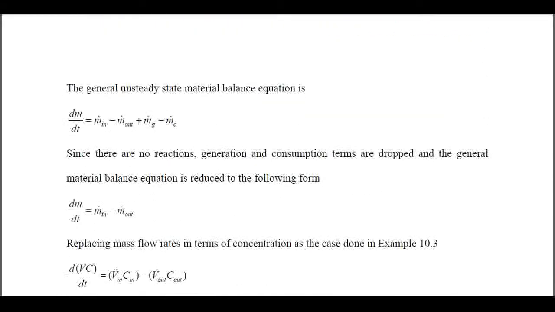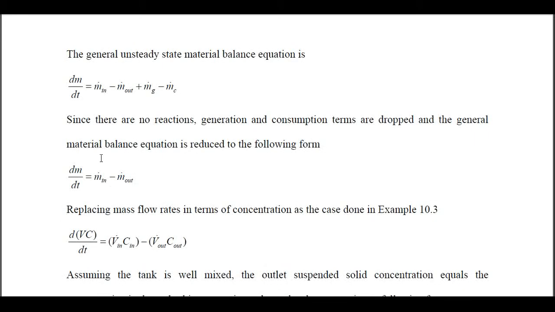So we will start with the general mass balance. The change in mass with time equals the mass in, coming from the inlet of the tank, minus the mass that gets out of the tank, plus generation and minus consumption. Since we don't have a reaction in this system, these terms will be 0.